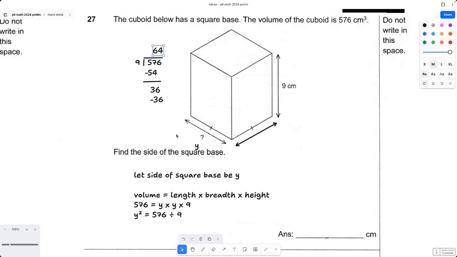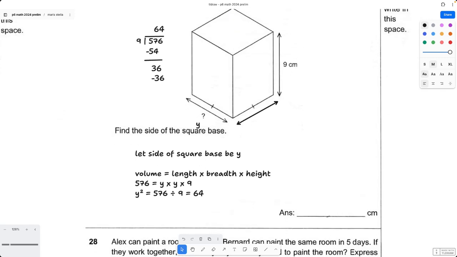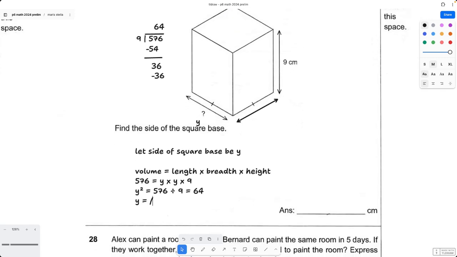So 36 times 4, yep. So the answer to this is 64. So if you remember your square roots, 64 is 8. So y is 8. There you go. That's the answer.